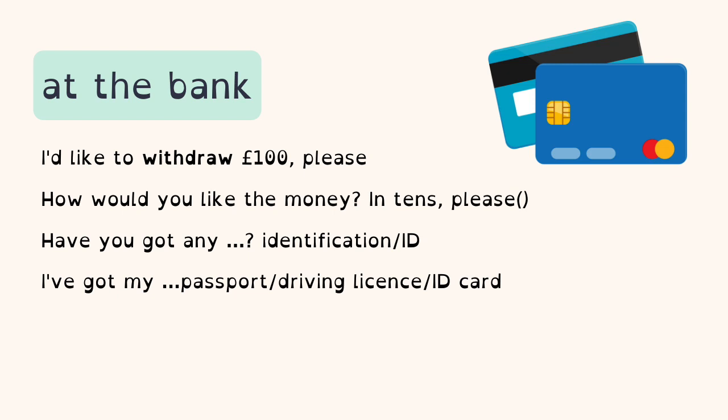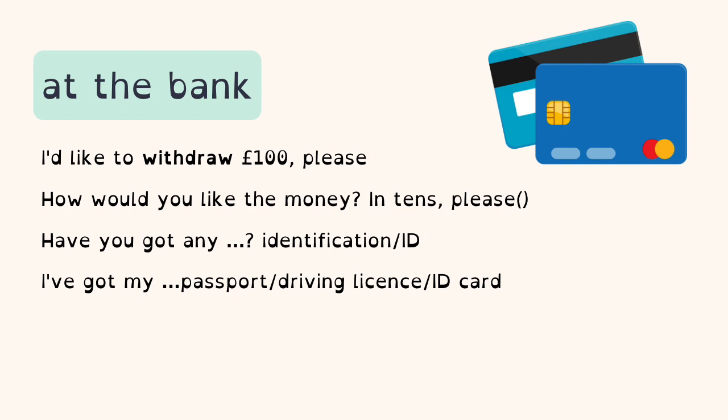The next one is, once they say okay, they could ask you this question: how would you like the money? Now it's up to you to answer how you want the notes to be. How do you want the cash to be? Do you want it in tens? Do you want it in £20 notes? How would you like it?